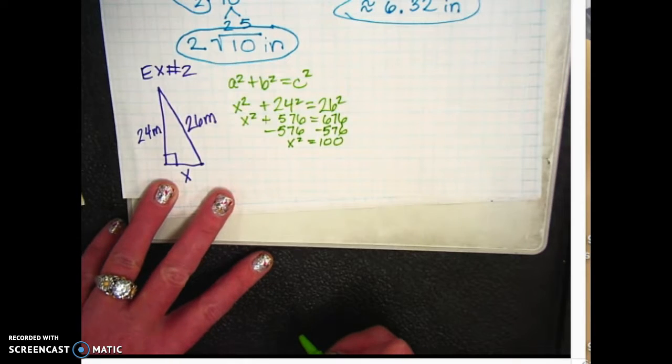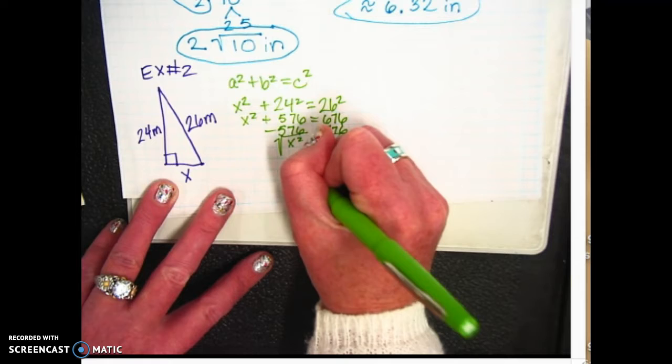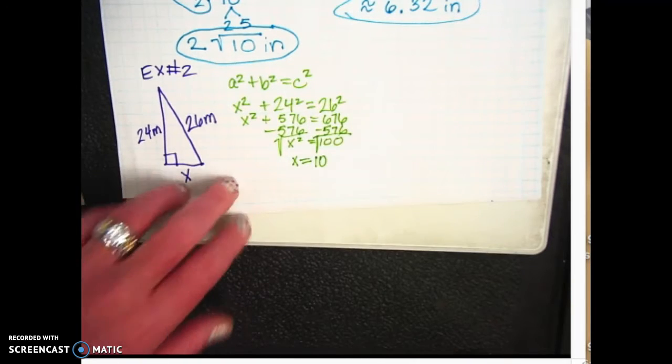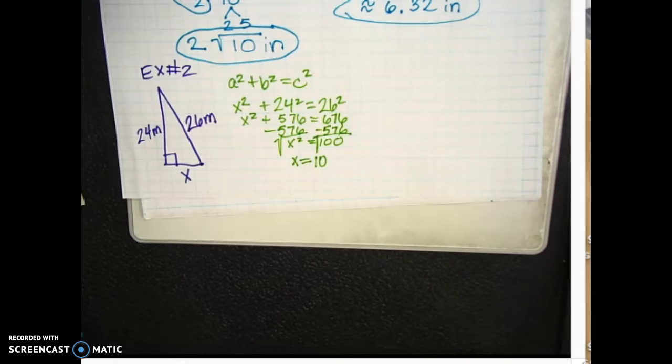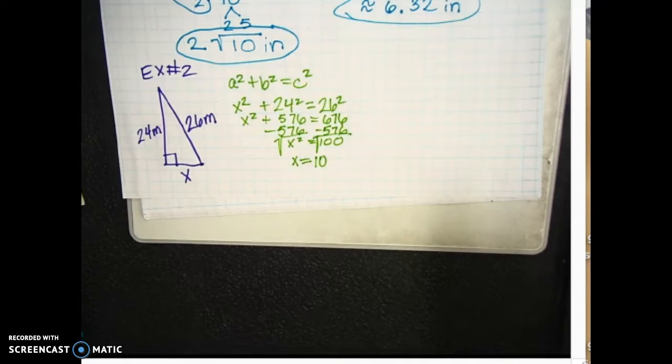The inverse operation of squaring is square rooting. So when you square root both sides, you get x equals what? 10. We don't have to simplify a radical. We don't have to round to the nearest hundredth. It comes out to a nice whole number of 10, okay?